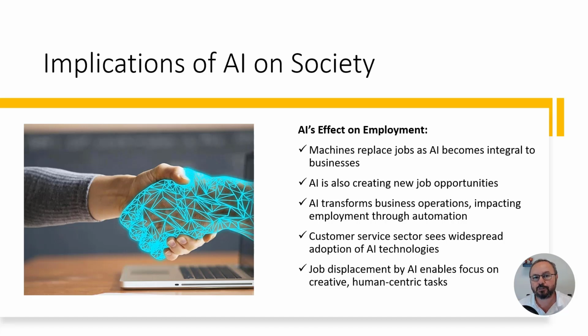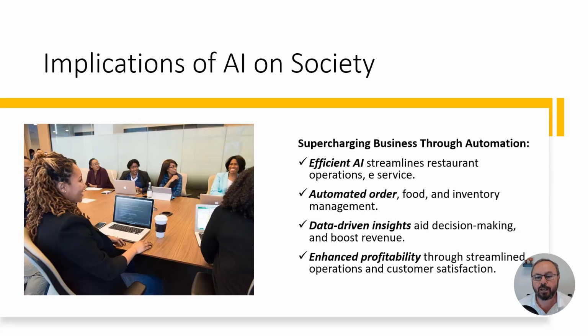Now, businesses like the idea of efficiency. So efficient AI is certainly an area that you're going to see, especially around possibly restaurant operations, e-service, delivery services, logistics, right? These are areas that efficient AI can certainly excel in.